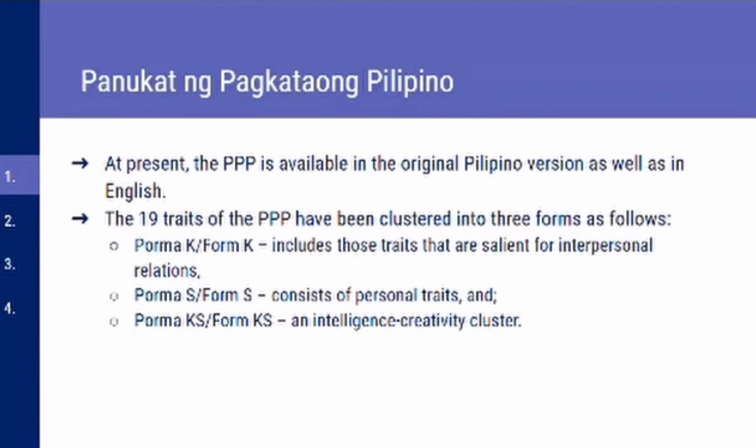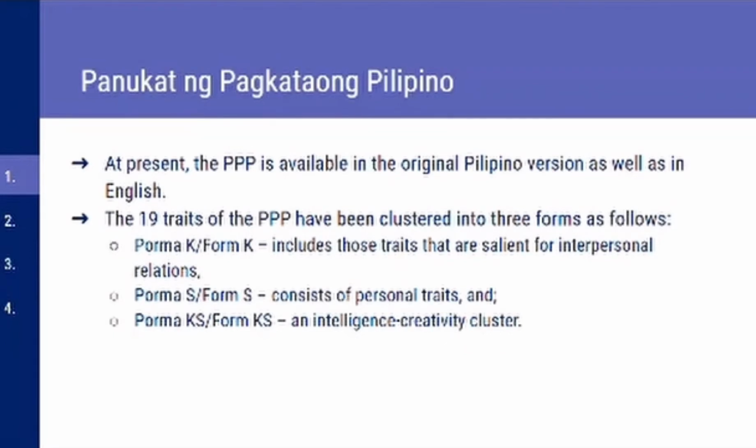While under Forma S naman po, which consists of personal traits, we have pagkamaayos, pagkamahinahon, pagkamapagkumbaba, pagkamasayahin, pagkamatapat, pagkamatyaga, and pagkaresponsable. And yung sa Forma KS naman po, which is an intelligence creativity cluster, we have pagkamalikhain, pagkamapagsapalaran, pagkamasikap, and pagkamatalino.